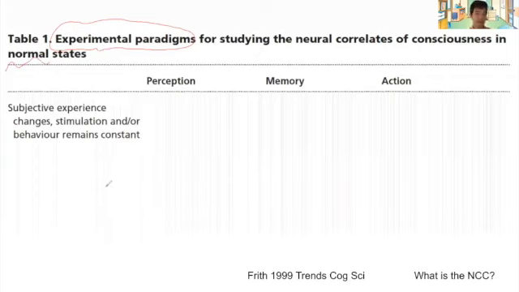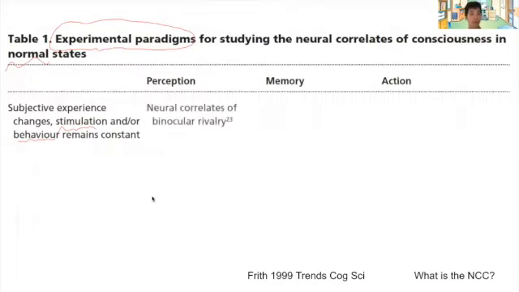And here, in the first one, stimulation, NCS, or NCB behavior remains constant, while NCC, the subjective experience or consciousness part, changes, okay? And for example, in terms of perception, they suggested that we can study the neural correlates of binocular rivalry. We'll explain each of these phenomena as we go on, starting from this week and so on. And then also we can study neural correlates of episodic recall.